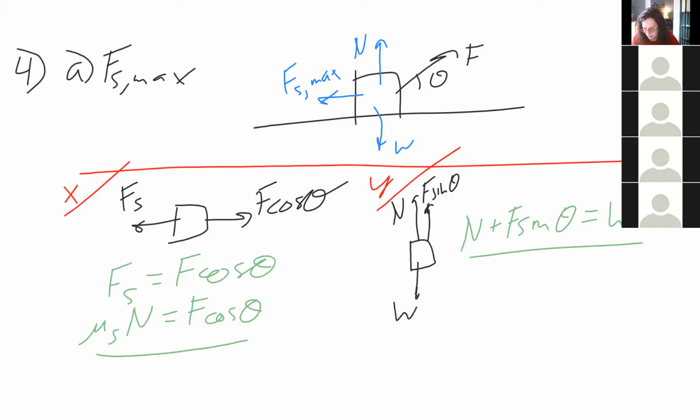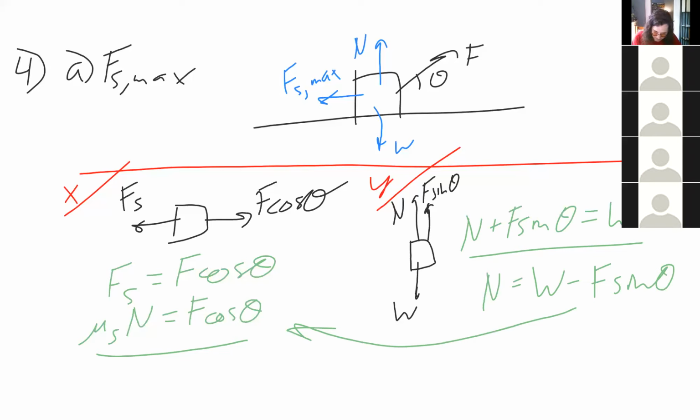My recommendation, since you'll be faced with systems of two equations quite a bit, would be to isolate the normal force in one of the equations, weight minus F sine theta, and then plug that into our other equation.